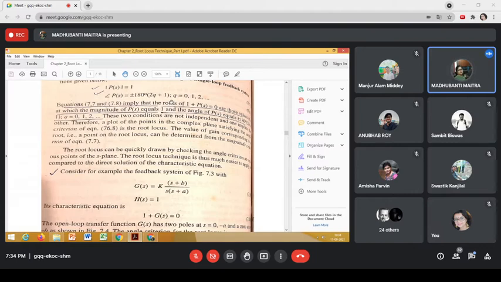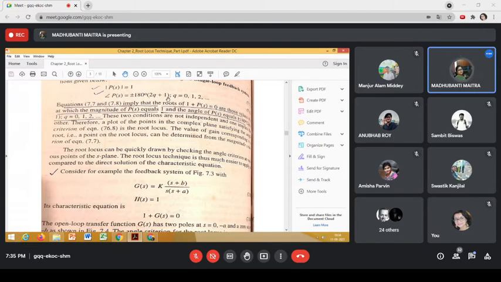Here, for the time being, we are not discussing anything about the magnitude criterion. Later, we'll see when and where the magnitude criterion is required, but to find the roots of the characteristic equation on the s-plane, only the angle criterion is sufficient.